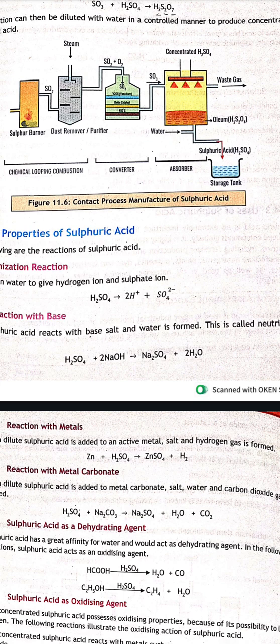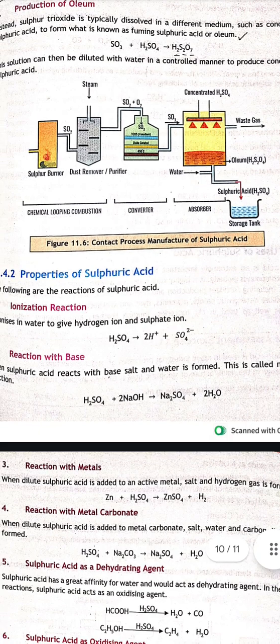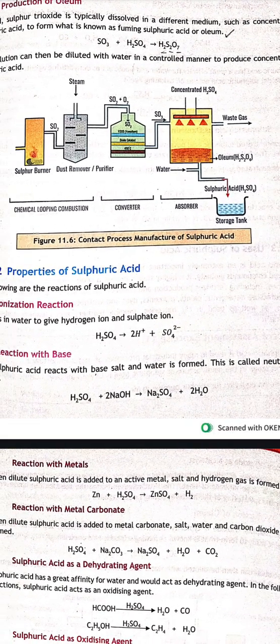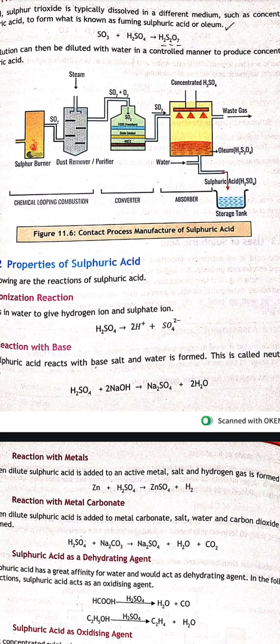The gas that is evolved is SO3, and here the concentrated H2SO4 will be provided in the next chamber, and there will be a formation of oleum. After it the solution will react with water to form the sulfuric acid, and it happens in the three chambers. First is the chemical looping combustion, second is the converter, third is the absorber, and the last one is the storage tank.